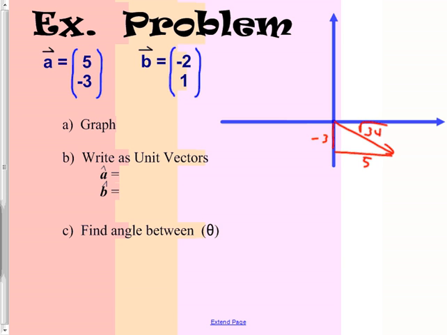Raise your hand if you already had that. Okay, good. Write it down now. Then find me the length of the other one, the magnitude of the other vector that we have. The other vector is over 2, up 1. So it's like that.